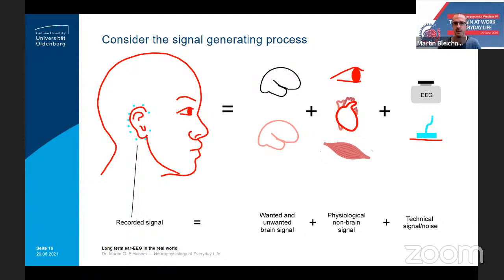And all this is done to assure that you record primarily the neural activity you're interested in, while keeping the influence of those other factors to a minimum, and thereby boosting your signal-to-noise ratio for this very tiny signal. So if we want to record meaningful brain activity in everyday life, we have to take special care. We have to use what we know about EEG, and we have to take what we have learned in the lab and bring it to the streets.